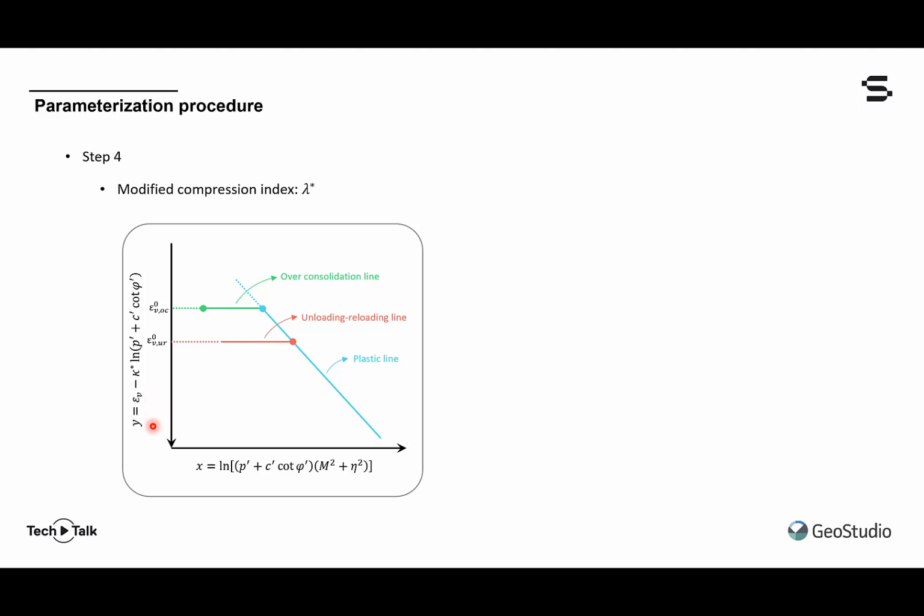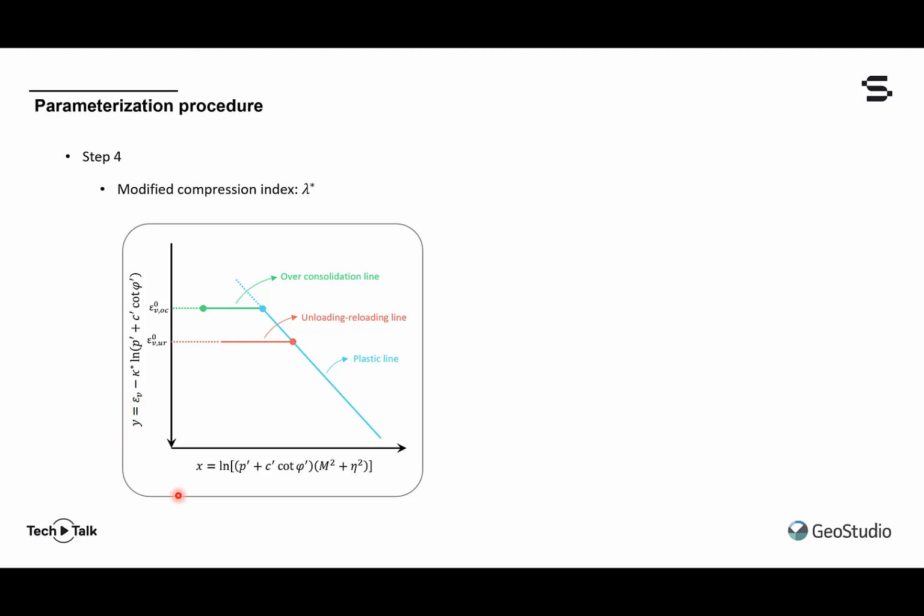So y versus x, you can see that on the y-axis, we're essentially taking the accumulated volumetric strain, which is both elastic and plastic, that vertical section of line that I pointed out earlier, and we are subtracting off the elastic component, leaving us then with the plastic volumetric strain.